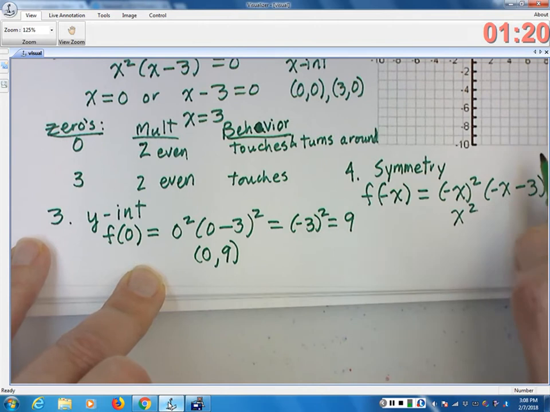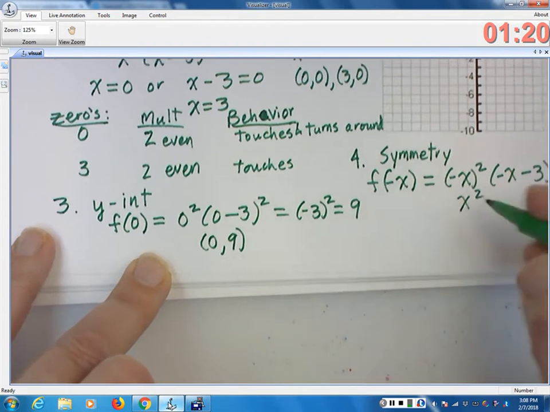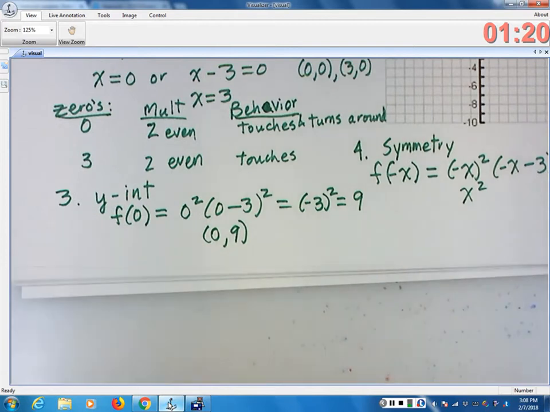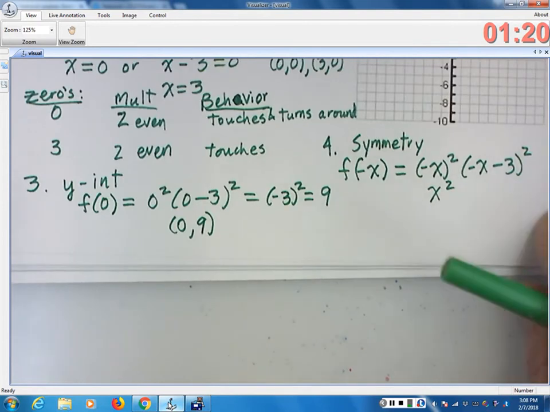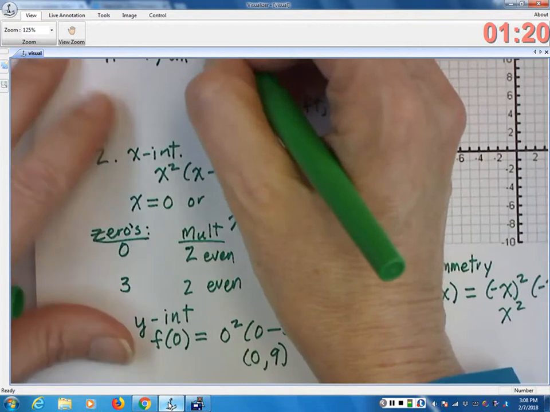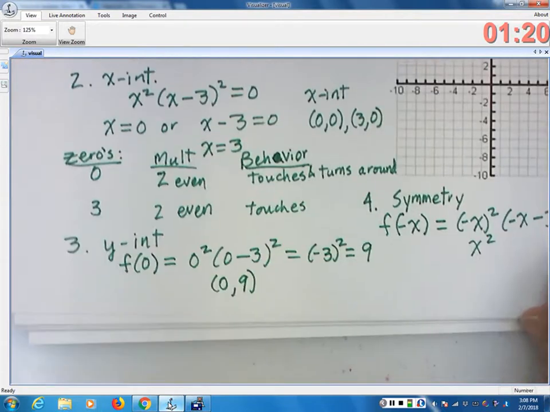We'd have to FOIL that out to check symmetry, wouldn't we? Let me take some paper and FOIL that out.